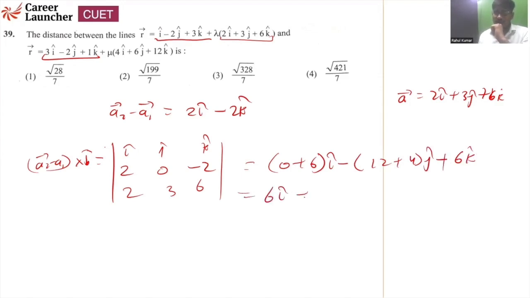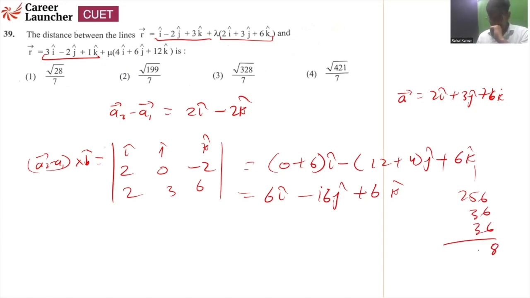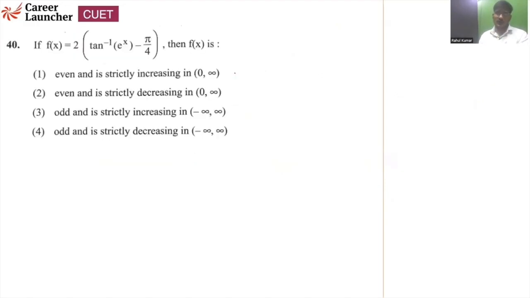So we have 6 i cap plus minus 16 j cap plus 6 k cap. So we have 256 plus 36 plus 36, that is 328. So its magnitude is square root of 328. So option 3 is the correct answer. Now the next one is, if this function is this, then we need to check what it is.